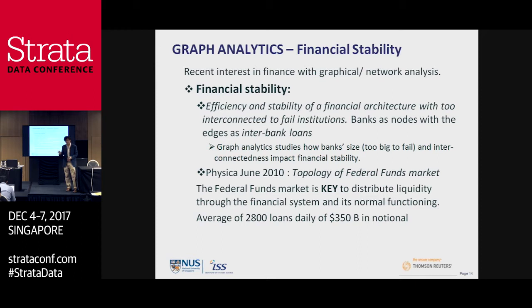If this market doesn't work, if liquidity freezes for any reason, it's just like oil in the engine. The engine will stop, and the economic engine would stop, which partially caused the financial crisis. There's a major reason behind that, right? And this particular interbank market, interbank loans, is essentially a graph, which was studied by the Federal Reserve at a point in time just after the Lehman crisis.